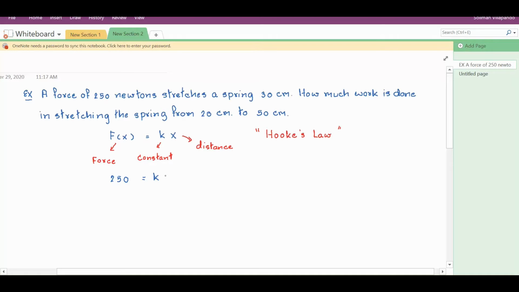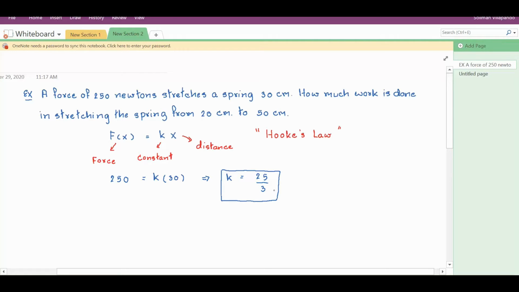And the distance here is 30 centimeters. From here we can solve for k, which is the constant. k is 25 over 3. Now I have my k.